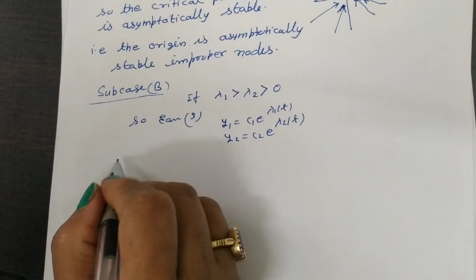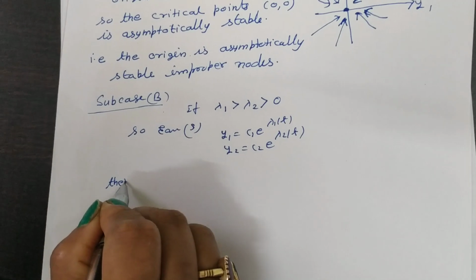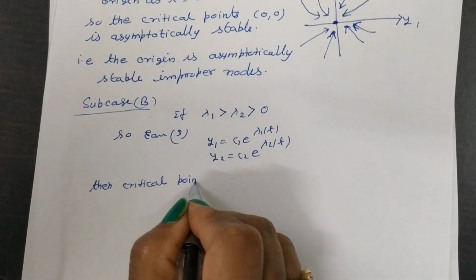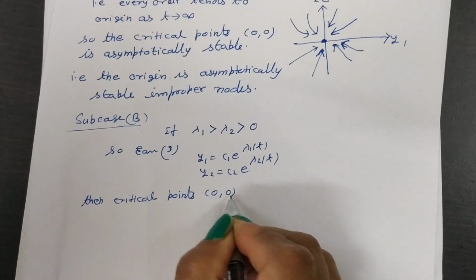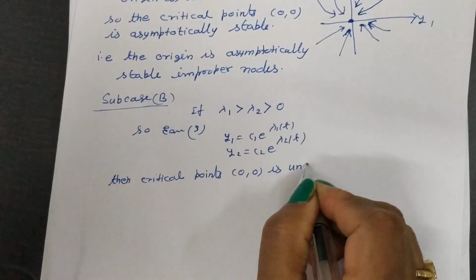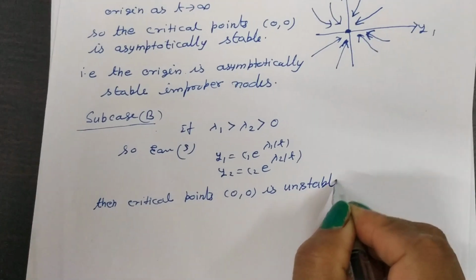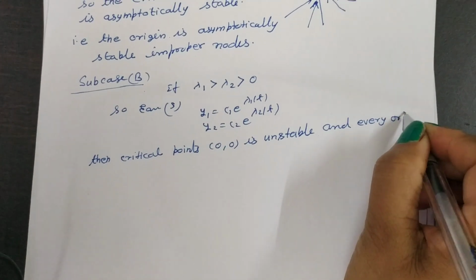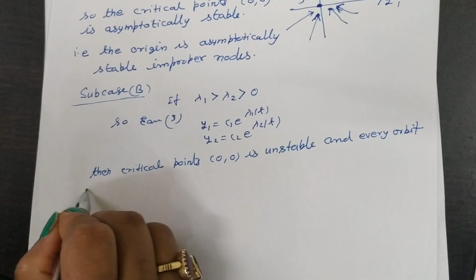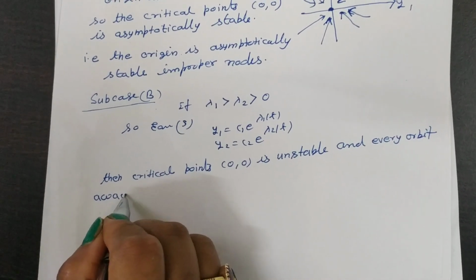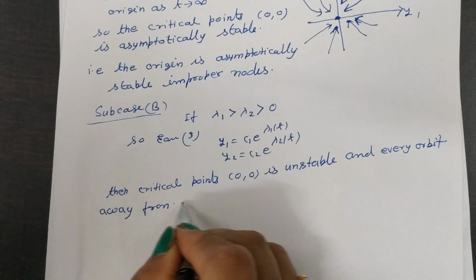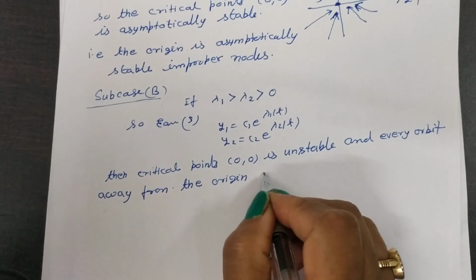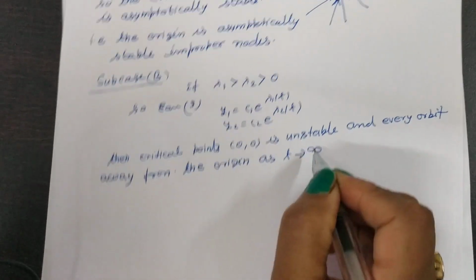Then the critical point 0, 0 is unstable, and every orbit goes away from the origin as t tends to infinity.